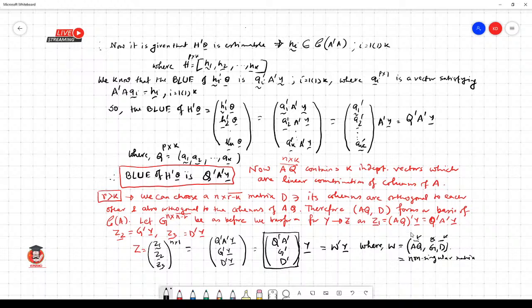So this whole thing is n cross n, and the columns of W give the basis of R^n. Therefore, W is a non-singular matrix. You can easily see this thing. Please verify.